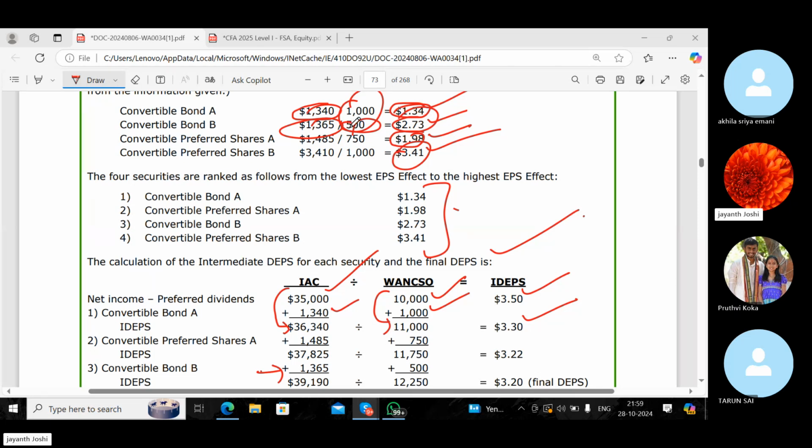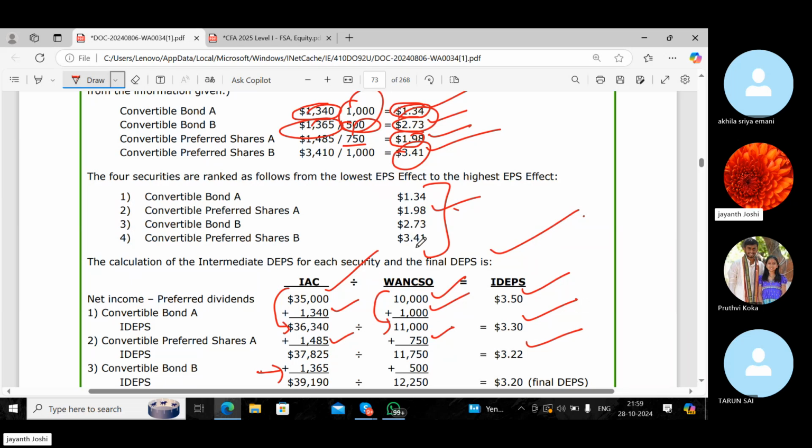Oh, this is the ranking, right? Okay. So second is preference share A, and preference share A is 750 in the denominator, and numerator 1,485. I am checking here. Okay, ranking is given here. Okay, fine. And then you have diluted EPS, and then the fourth one 2.73.